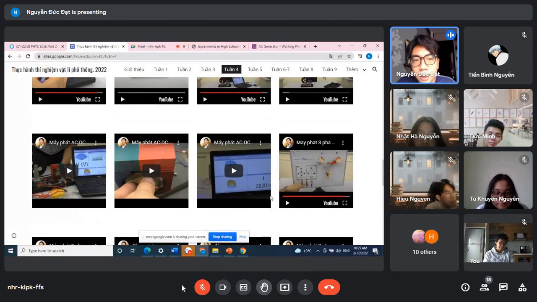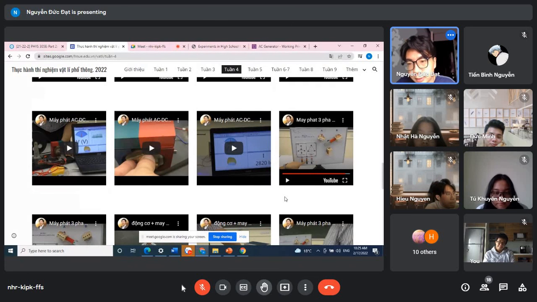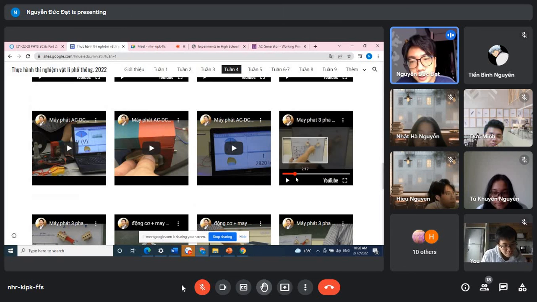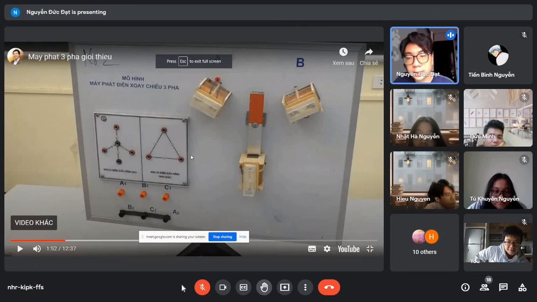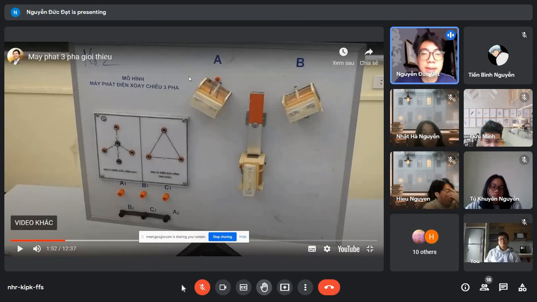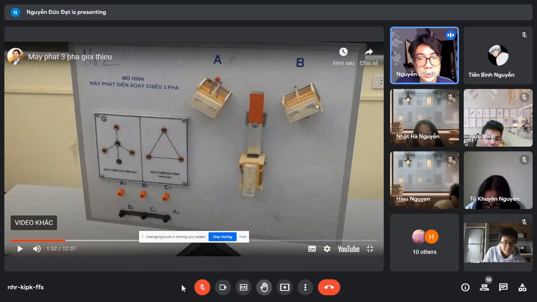Now I'm going to move to the second machine, a second application here, which is the three-phase generator. Okay. So about the components, they are still similar, right? They will still have the magnet and the coil as the inductor and the ammeter, right?